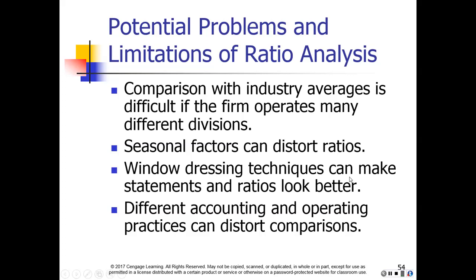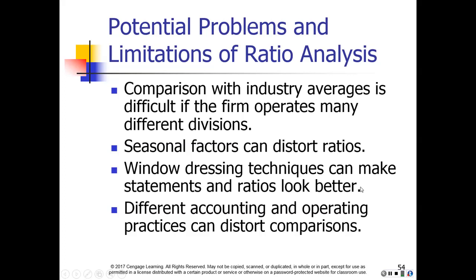Window dressing techniques can make statement ratios look better, and this is something that even under the guidelines of generally accepted accounting principles, you can make changes like how you count inventory, right?